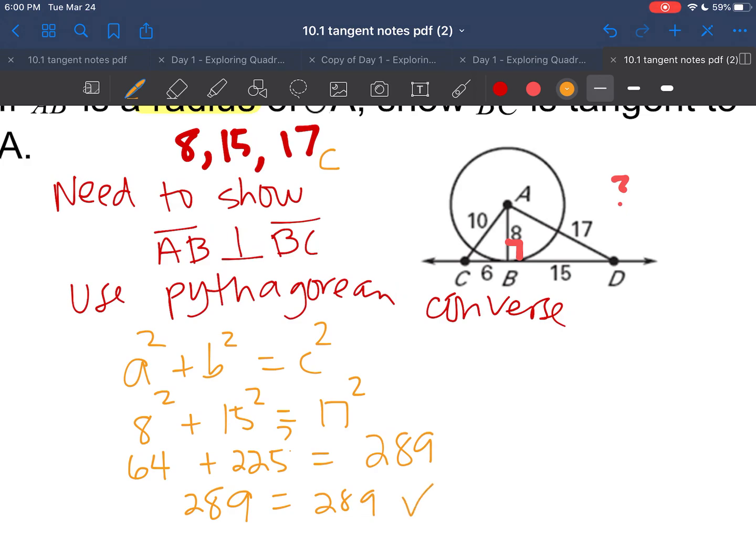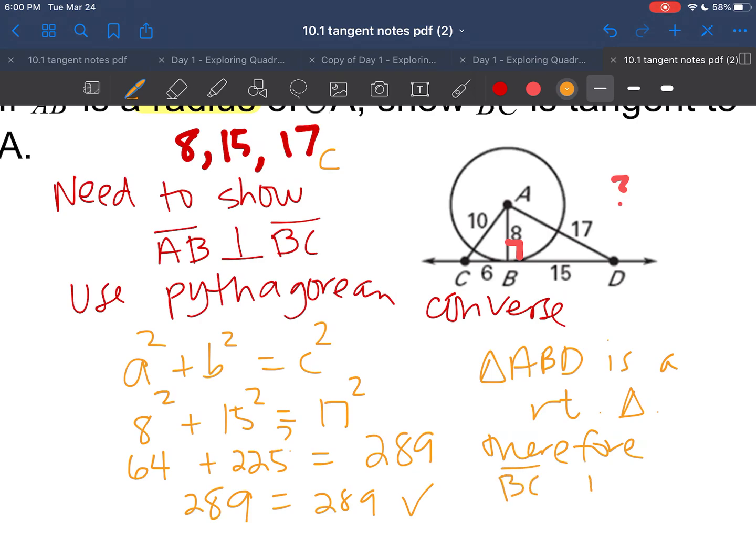So triangle ABD is a right triangle. Therefore, BC is tangent. Sorry, my handwriting is not very good with this stylus.